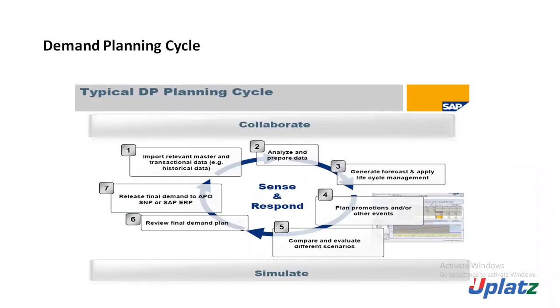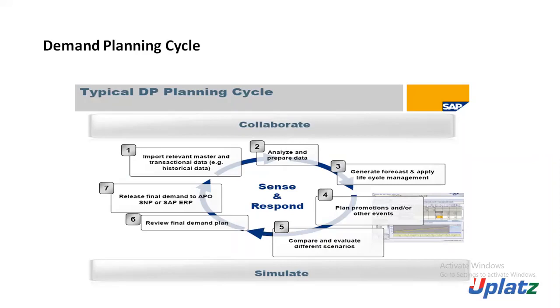In the DP life cycle, the first step is getting historical data from ECC to APO. Second step is correction of the history data. And third step is generating the forecast. To generate the forecast in the APO DP, we have to create the forecast profiles.